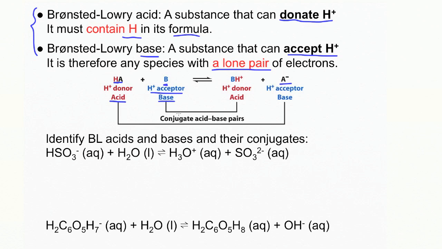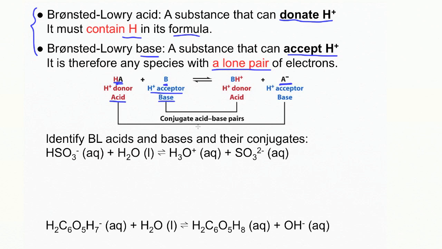Now what is a conjugate acid and base pair? Take a look at these two formulas, HA and A minus. The only difference between these two formulas is just one proton. They are related to each other, so we assign these two, HA and A minus, as a pair.